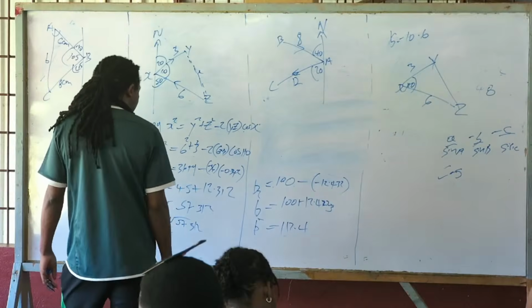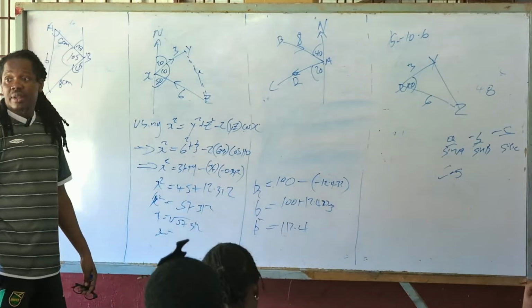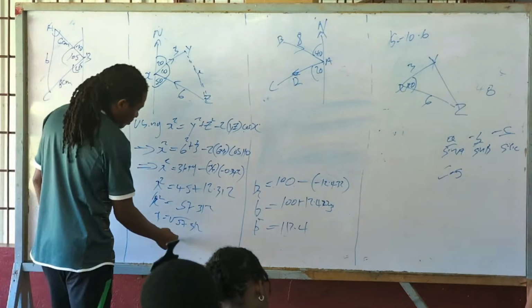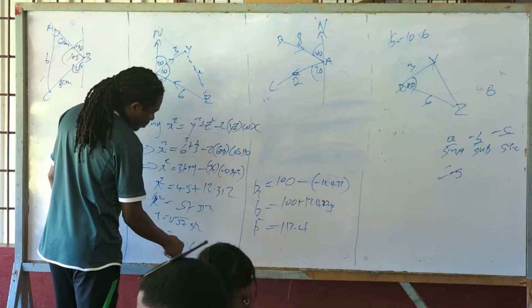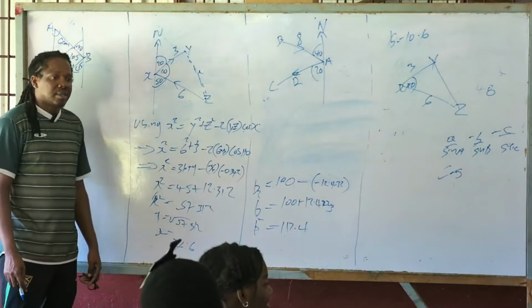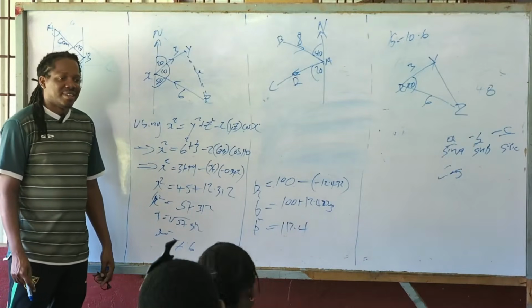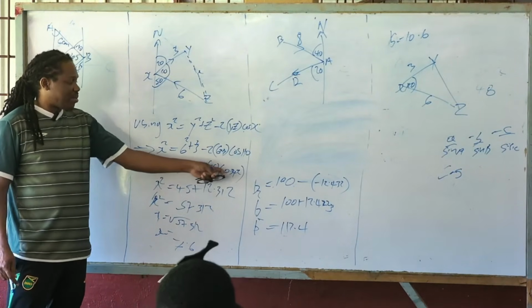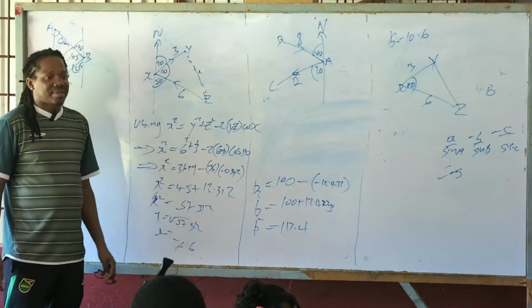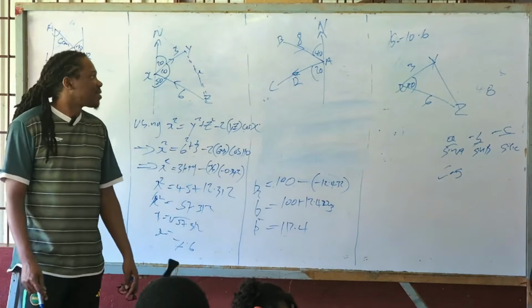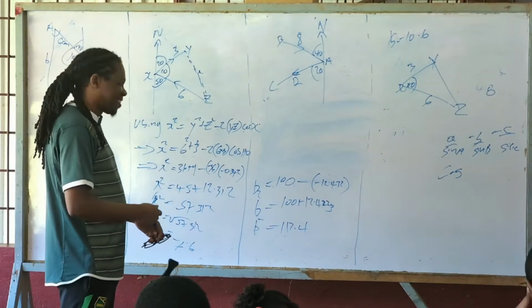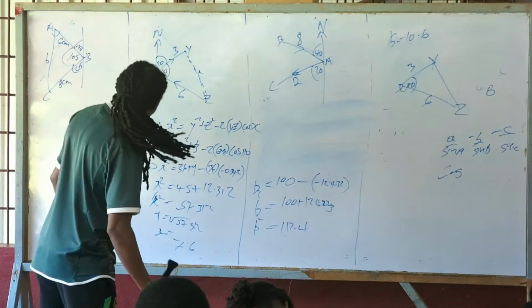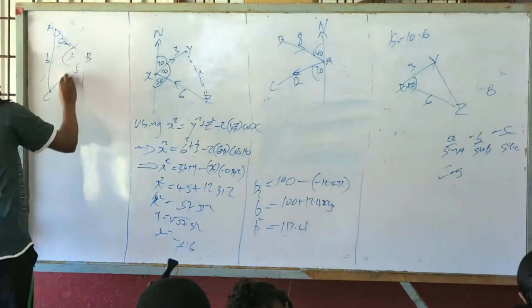X equals 7 point what? 7.6. You're right. This is a plus because of minus and minus. Next.